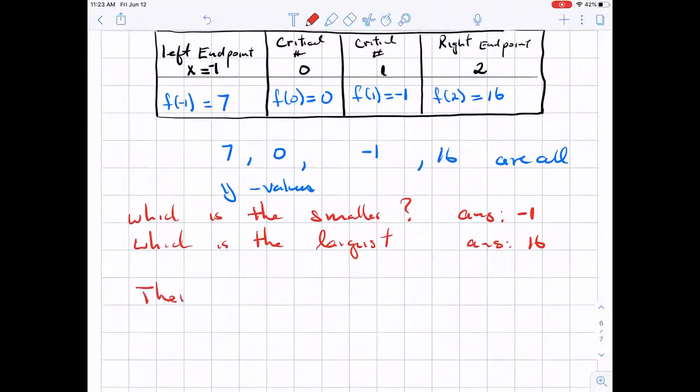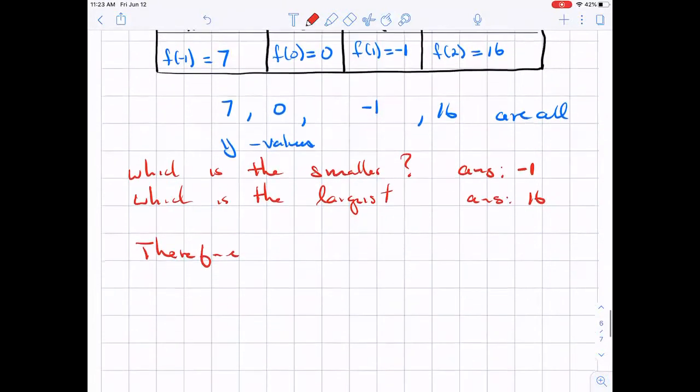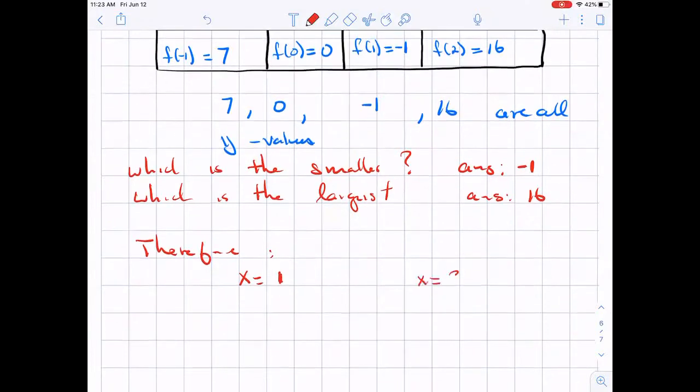Therefore, at x equals 1, and at x equals 2, we have a minimum here and we have a maximum here.